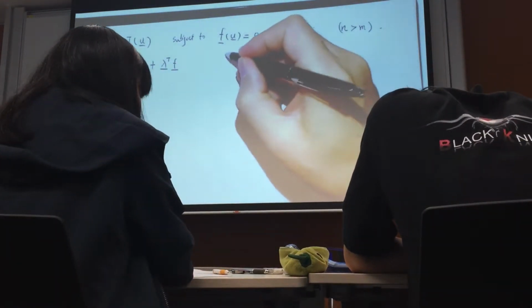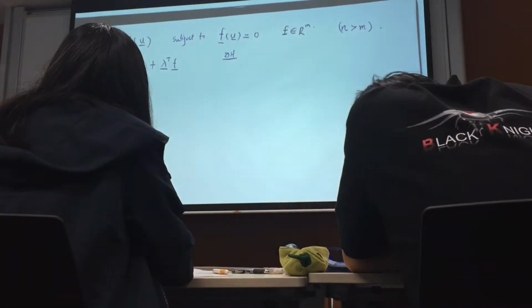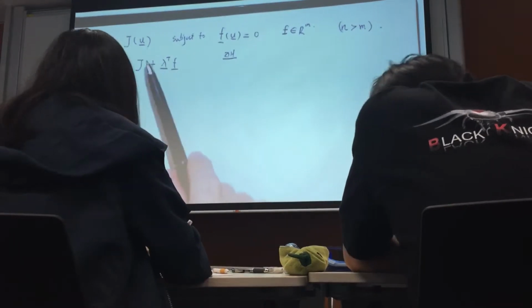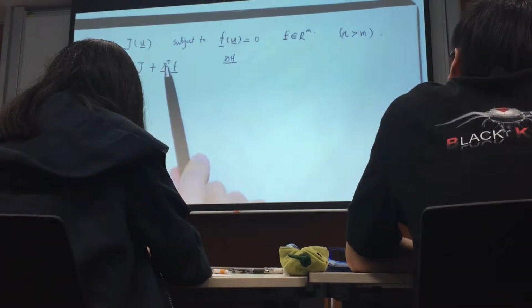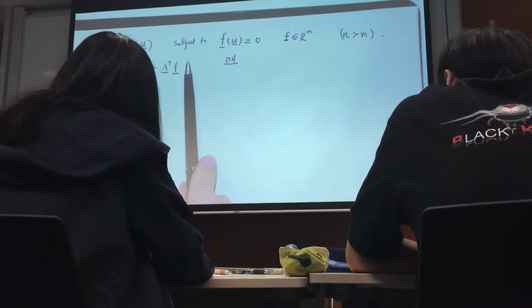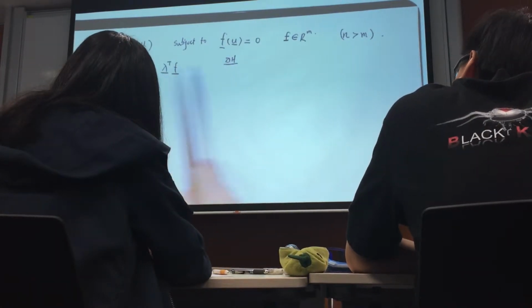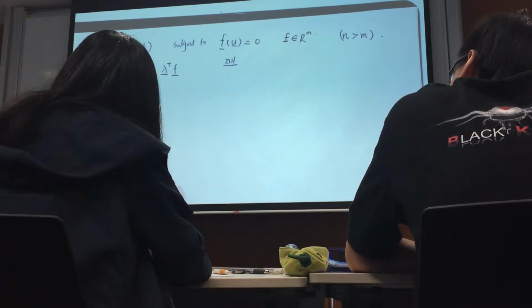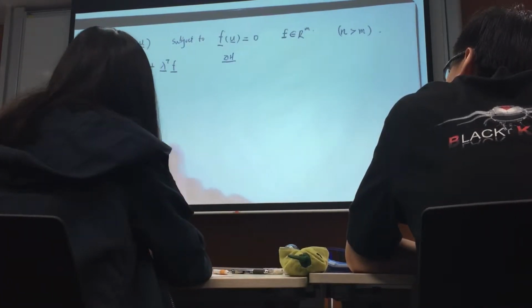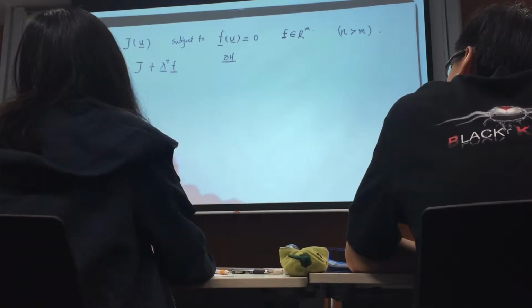We just calculate this partial H. I also want to highlight that if we augment the cost function in this way, we actually convert the original constrained optimization problem into an unconstrained optimization problem. So it becomes a standard unconstrained problem in terms of U and lambda, two sets of control inputs.